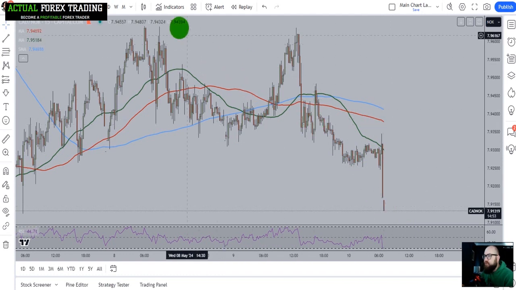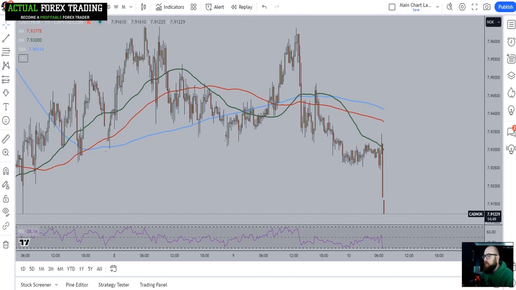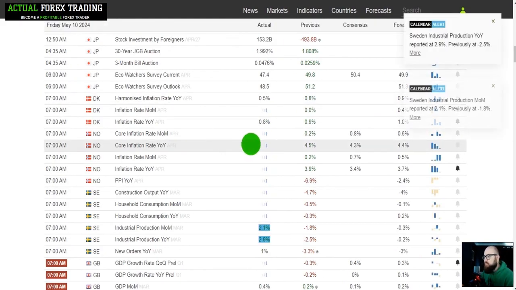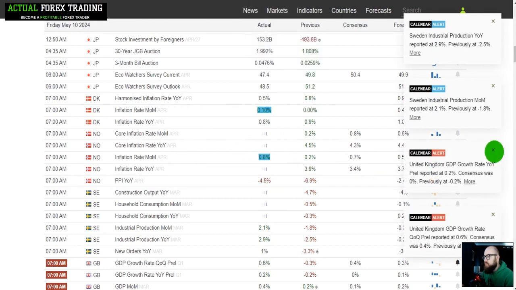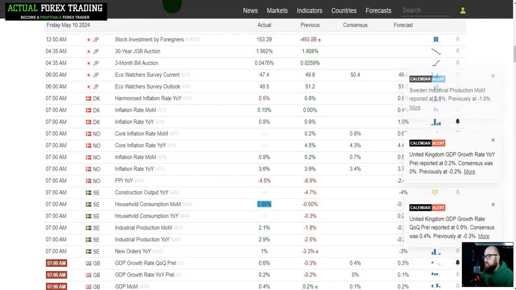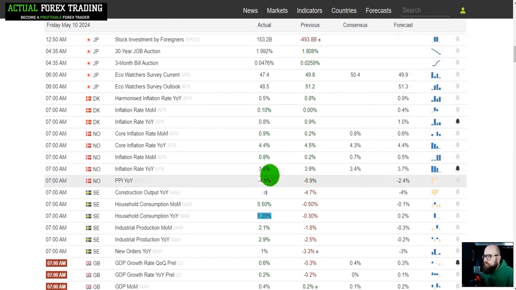Okay, so initial move down. Things could soon turn around though. Okay, so 3.6.